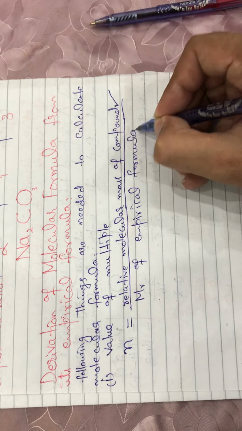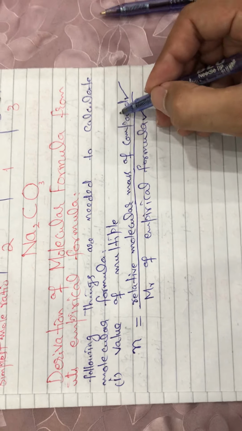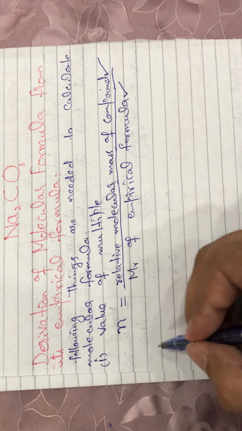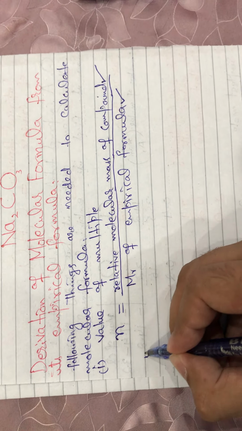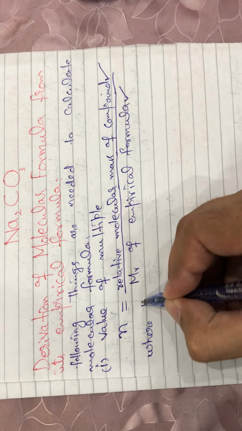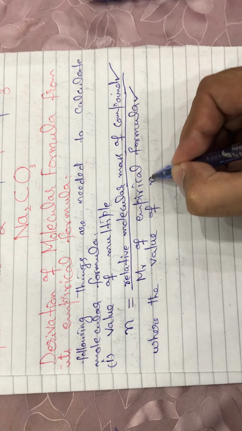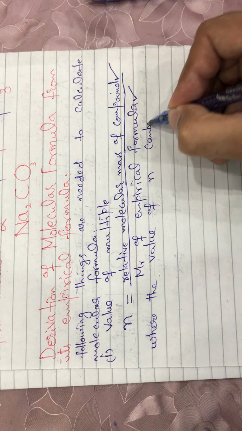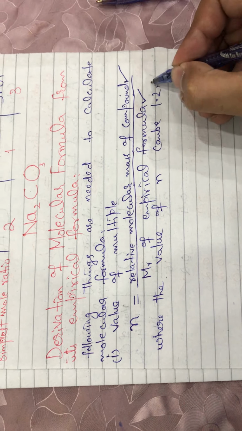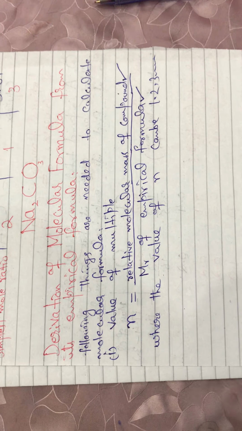It means we need the empirical formula and the molecular mass of the compound, and the value of n can be 1, 2, 3 and so on.